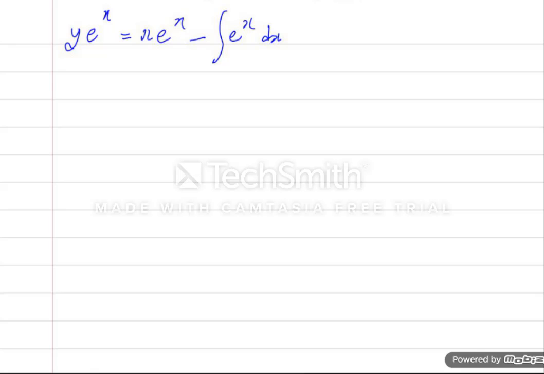No bother putting 1, because 1 times e to the x is still e to the x. So this is going to be equal to x e to the x minus e to the x plus c. Do you agree?